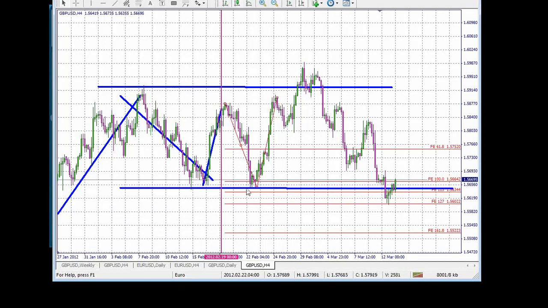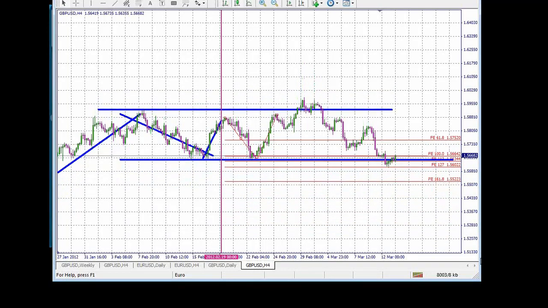So if you want to break this ranging market, to break this channel, the pair should go lower than 127 Fibonacci extension, maybe to reach 161 or even lower.